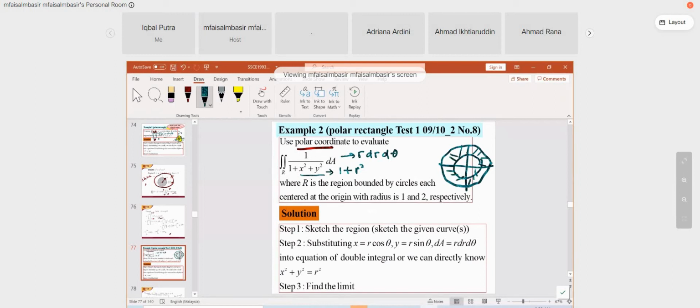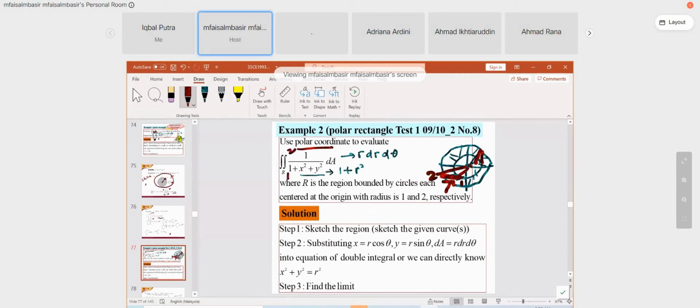Your R should be one from the pole here, another one is here. If you see, one is here, one is here. So this is your main R. From 0 to here is 1, 0 to here is 2. So your R is from 1 to 2.